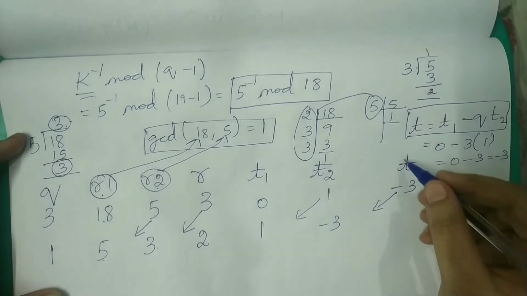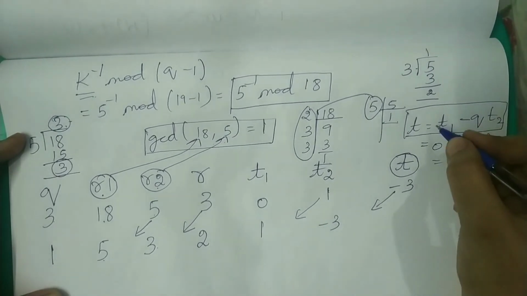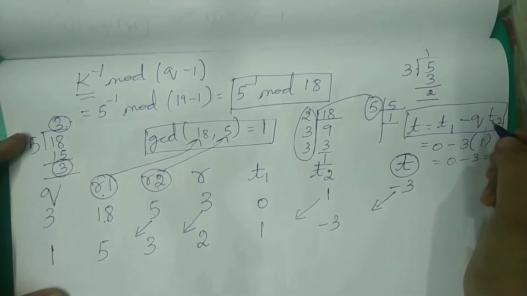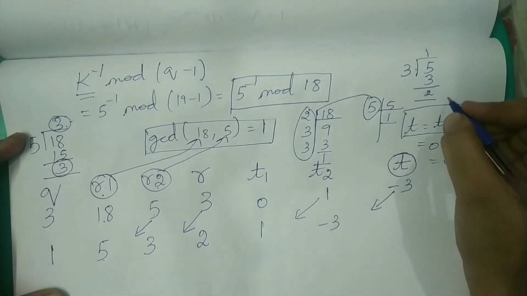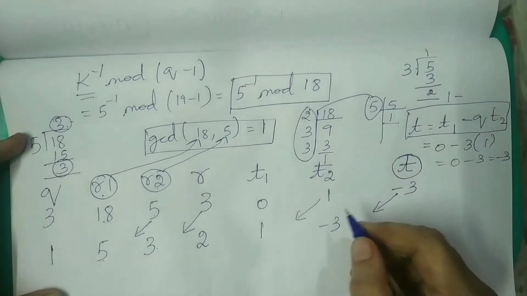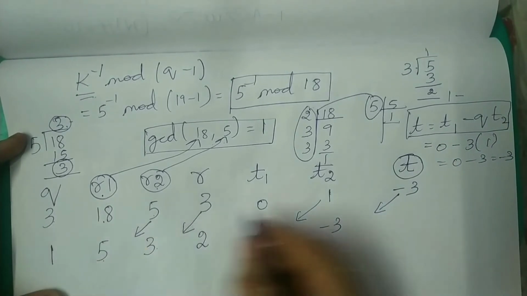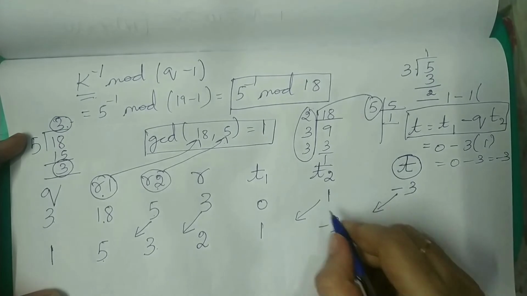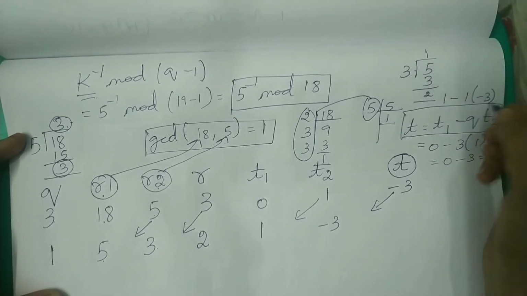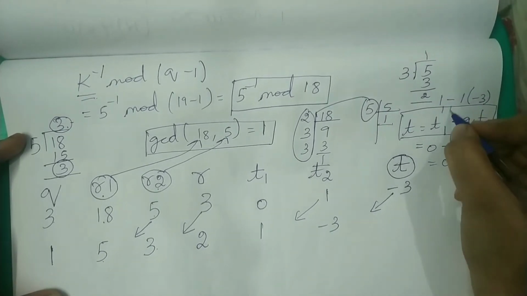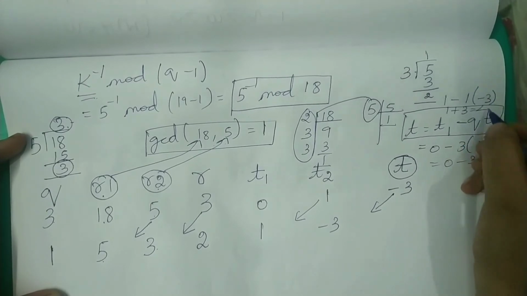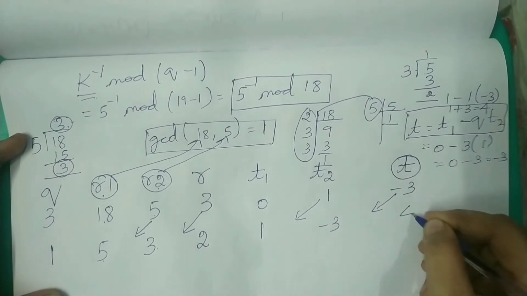Now I should find the value of T. That is T1 minus Q into T2. Here the T1's value is 1 minus the Q's value, which is 1, into the T2's value, which is minus 3. So you'll be getting 1 plus 3, which is equal to 4. So over here I should write 4.